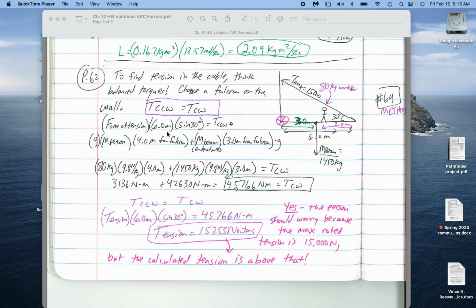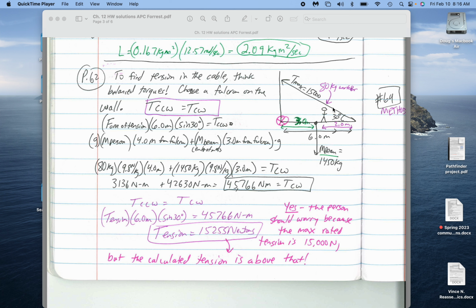And we're trying to figure out whether this cable will hold. It's rated at 15,000 newtons. So I'm going to pick this as my pivot point because the wall has an unknown force on it. I've got a person here. It's 80 kilograms at 2 meters from the end. I've got a beam here, 1,450 kilograms. That's 3 meters. Is that right? Yeah, it's 3 meters because it's a 6 meter long beam. Sorry, I'm trying to read my writing here.